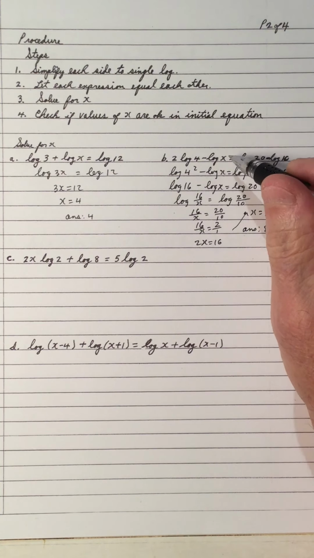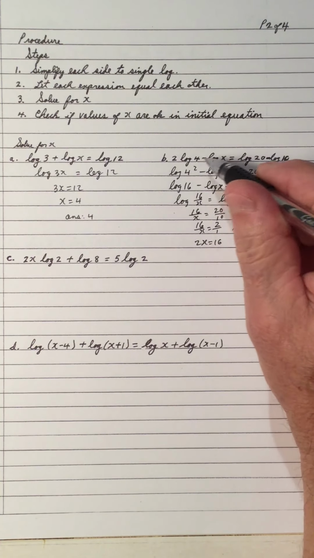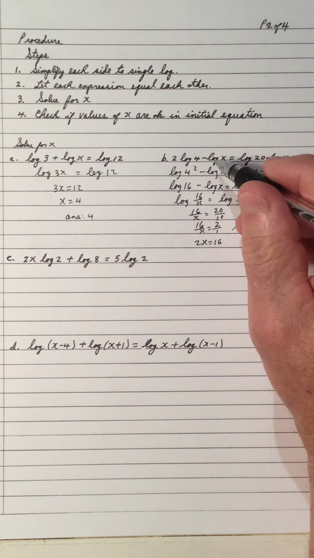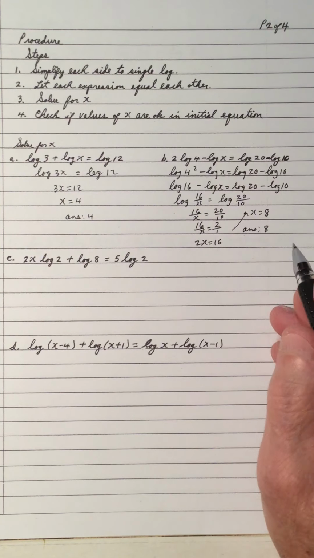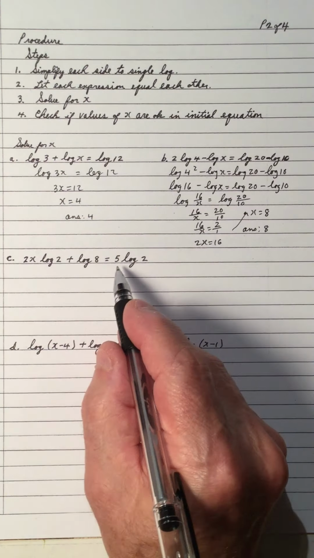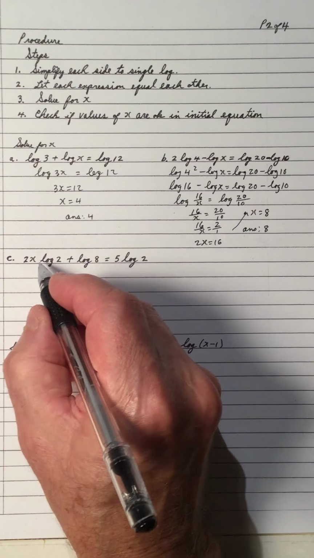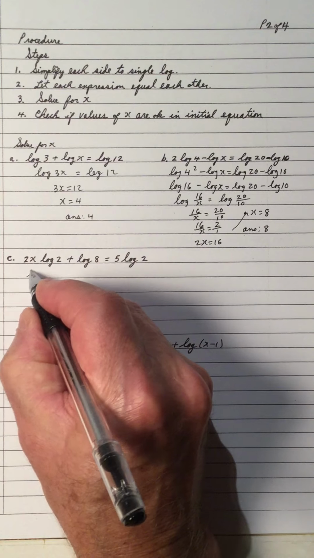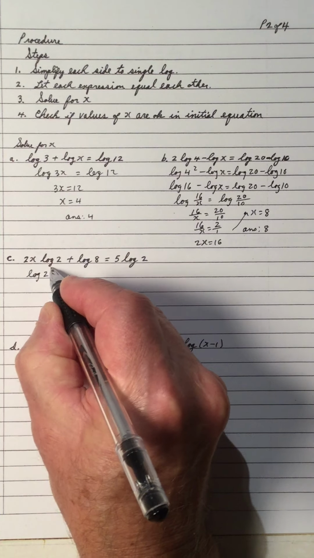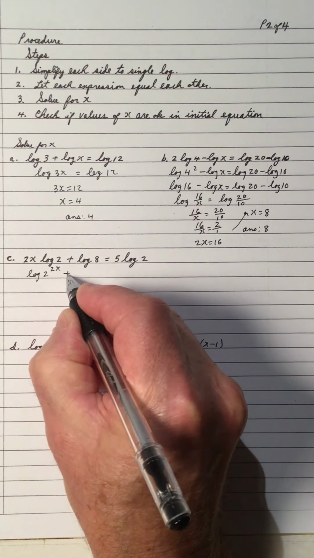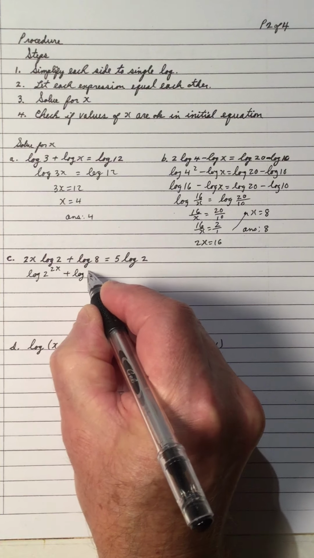And again, you can work out the whole problem with the 8 to verify you're okay. C. Again, we have the log on each side, but we have to simplify each side first. So 2 to the x goes to the power of 2, plus log 8.